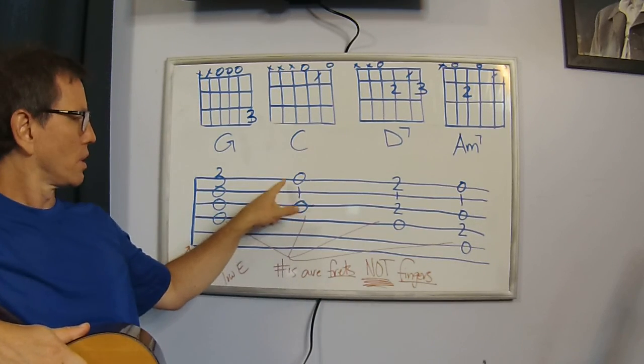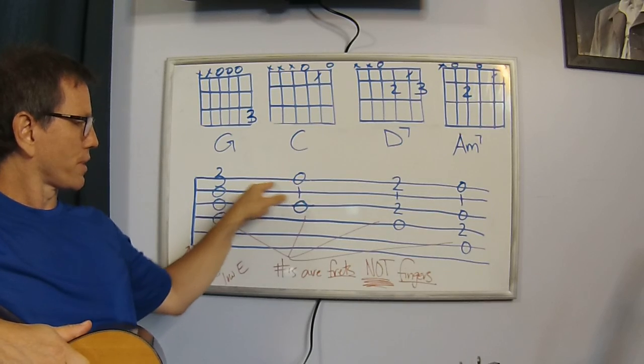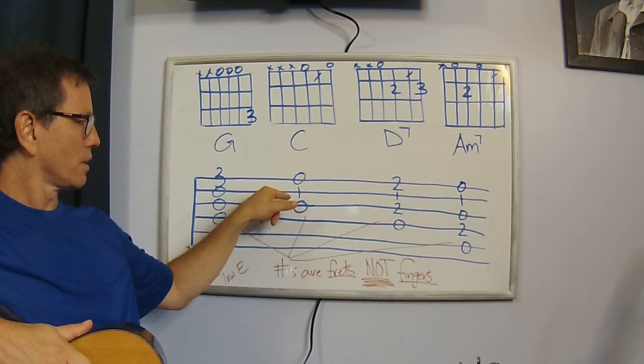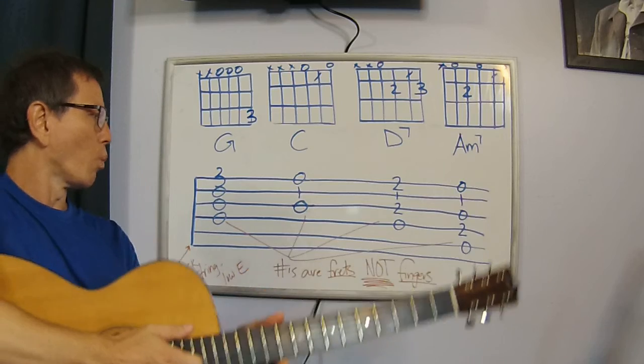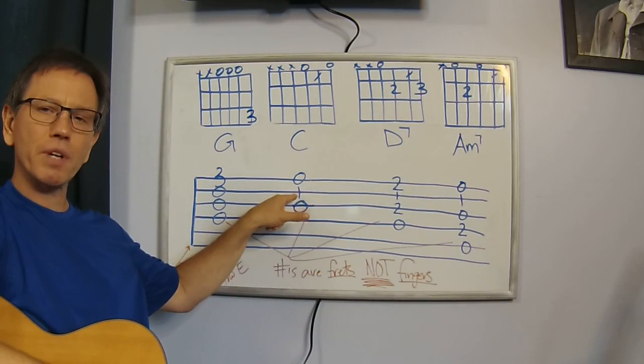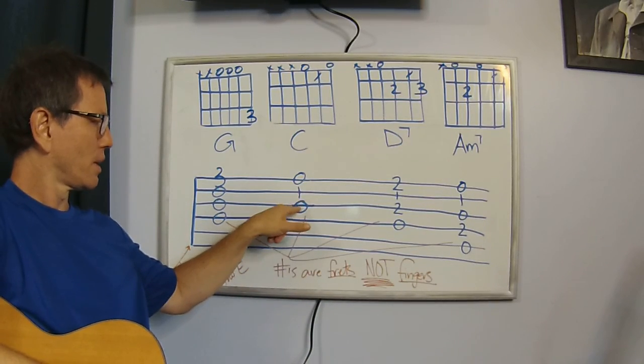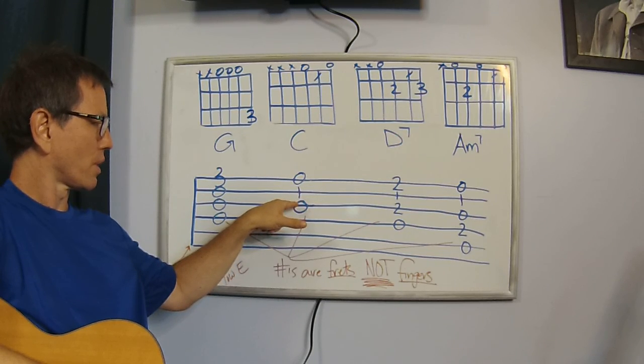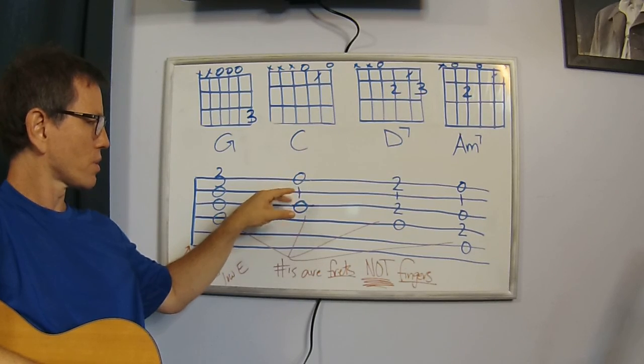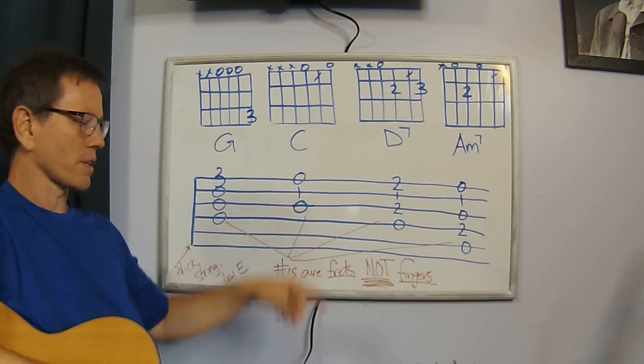So when you see a 0 on the thin string, the high E, a 1, that's the first fret on the second string, a 0 is an open string, the third string open. So the zeros are open, these are the frets.